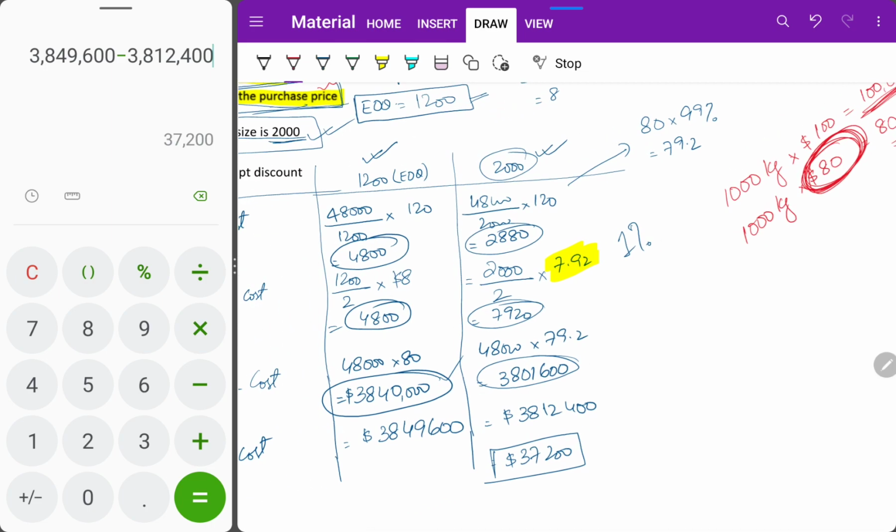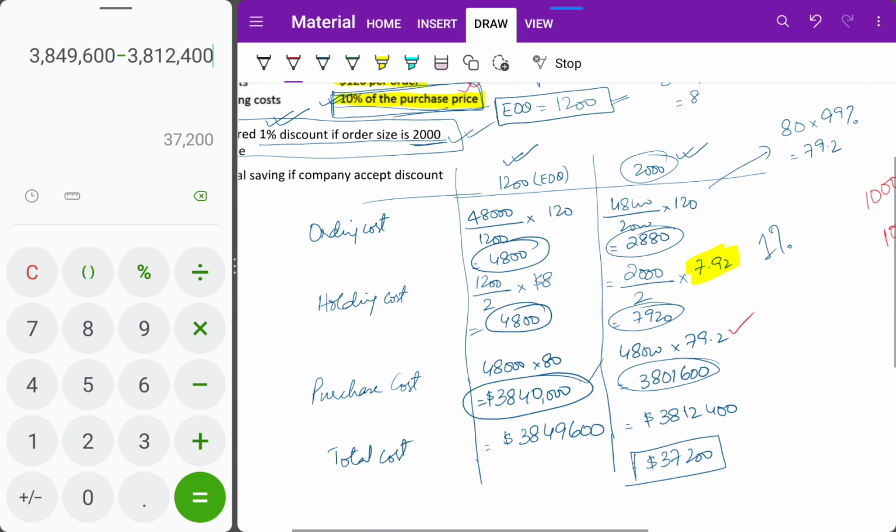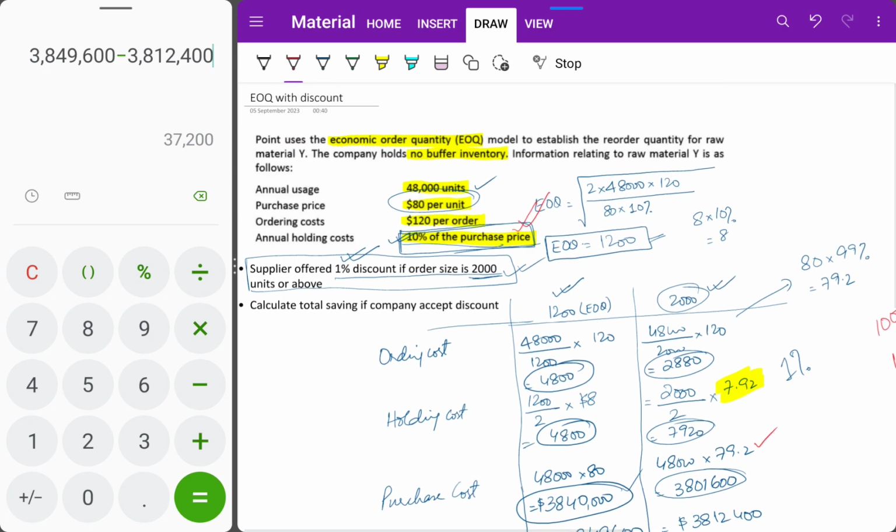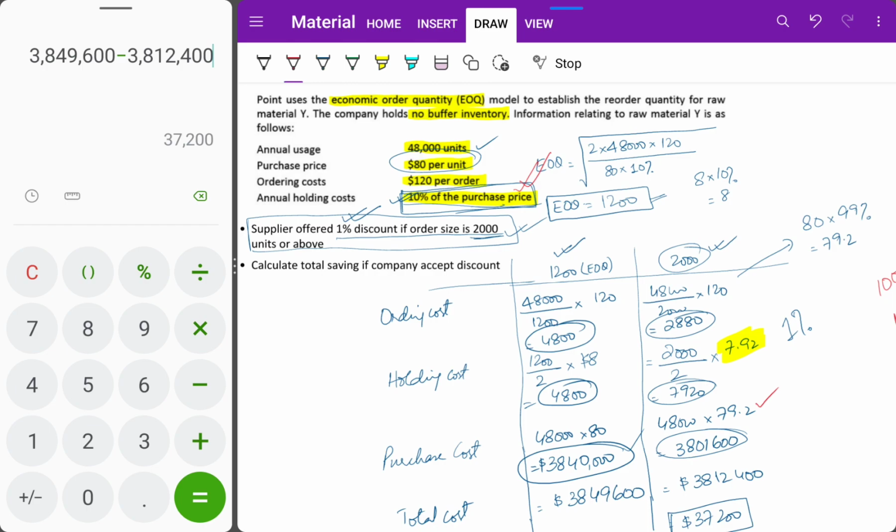So that's why we have considered this point, that now the material is not at 80, it's 79.2. Since the material cost is low, definitely it's going to reduce your opportunity cost as well. This is basically why we have considered holding cost equal to the net of discount price, right? So if the company is having a discount offered by the supplier, we generally include purchase cost as well, right?